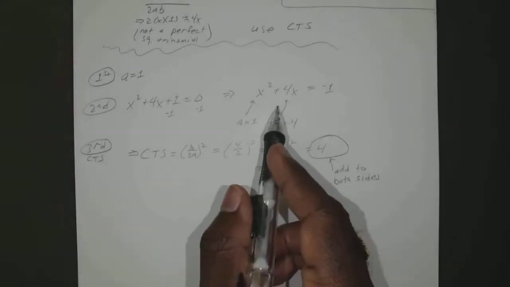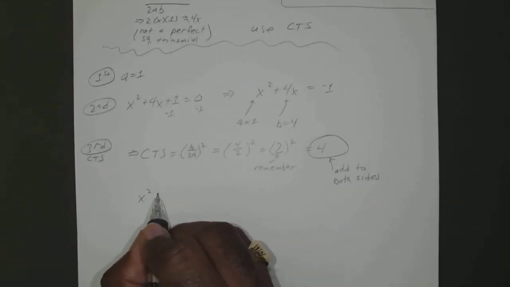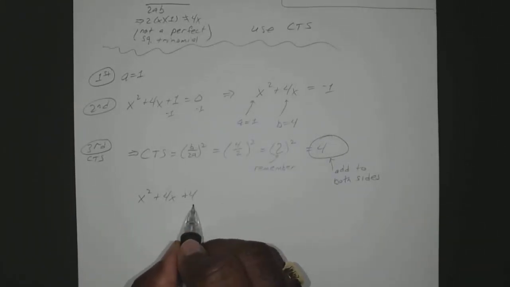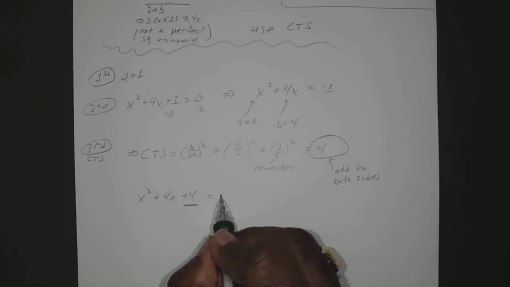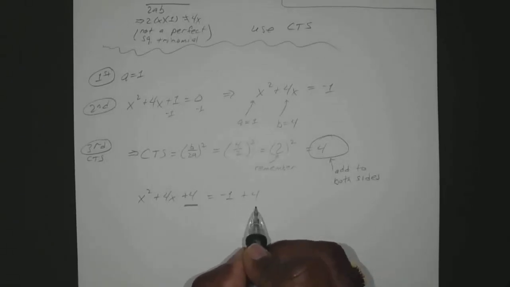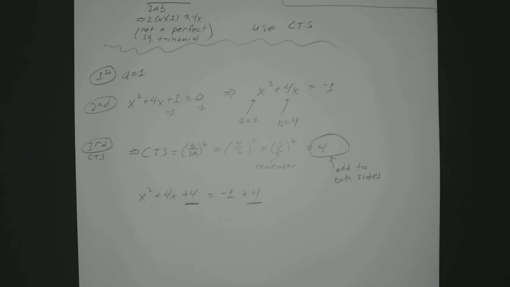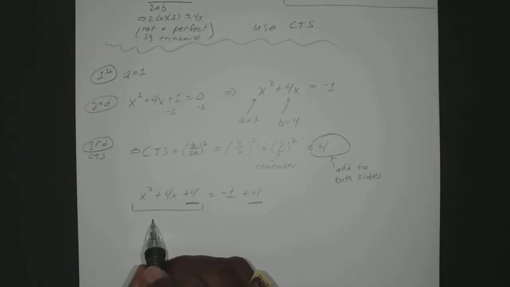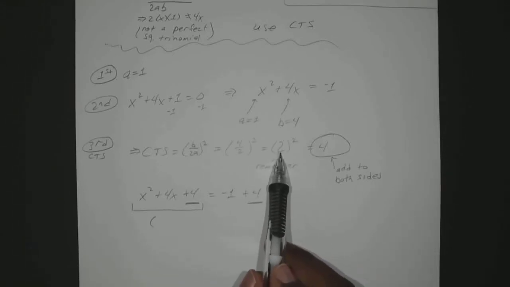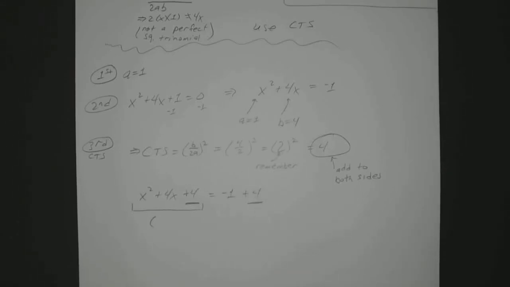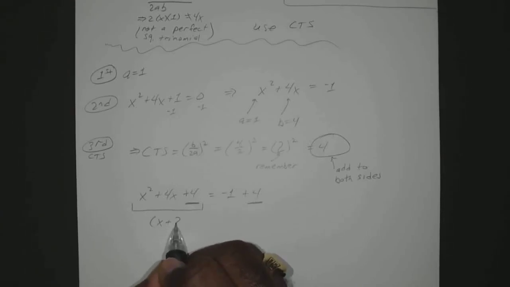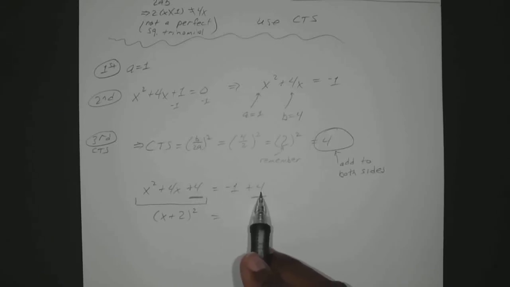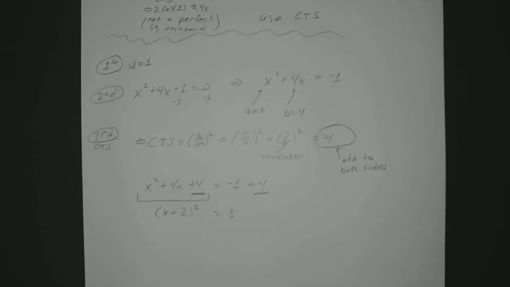Okay, so your x squared plus 4x plus 4, remember that's the value you added, equals negative 1 plus 4. And if you did everything right, this should be a perfect square trinomial using that value that hopefully you remembered. x plus 2 squared equals negative 1 plus 4 is 3.